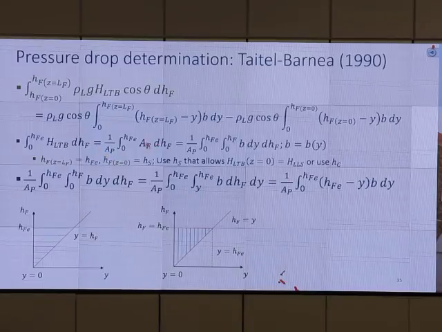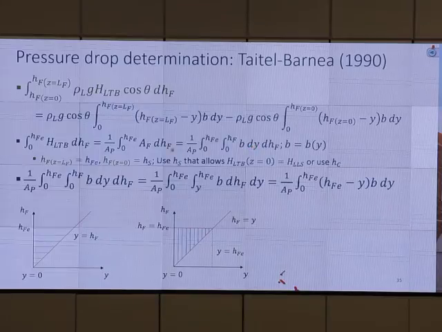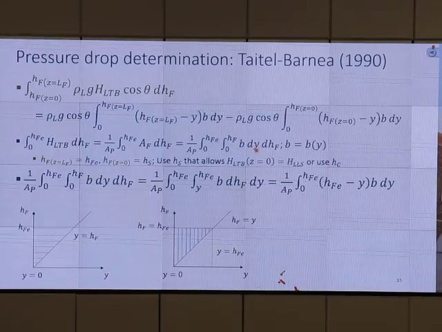And A film can be calculated from B dy, correct? The area of the film is the integration from 0 to HF of B dy. So B, which is the width, multiplied by height, but the width also changes with the height. So AF is the integration of B dy. So we have a double integration.